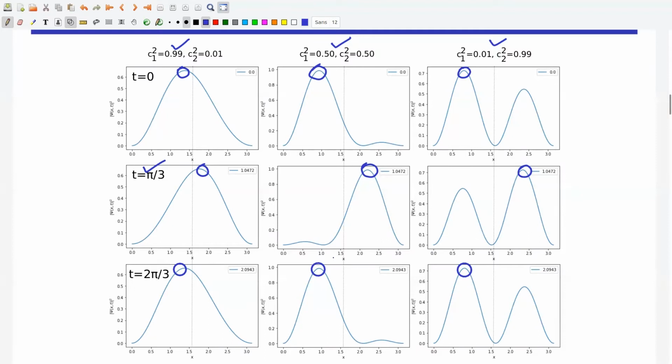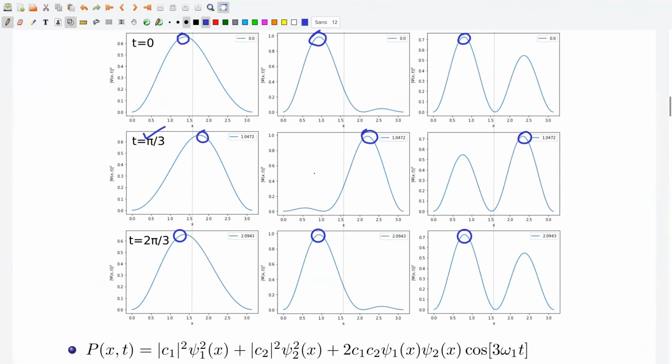Let us try to understand why the wave function comes back to the initial position at t equal to 2 pi by 3. The time dependent term in the probability density is cos 3 omega 1 t. Let us take omega 1 equal to 1.